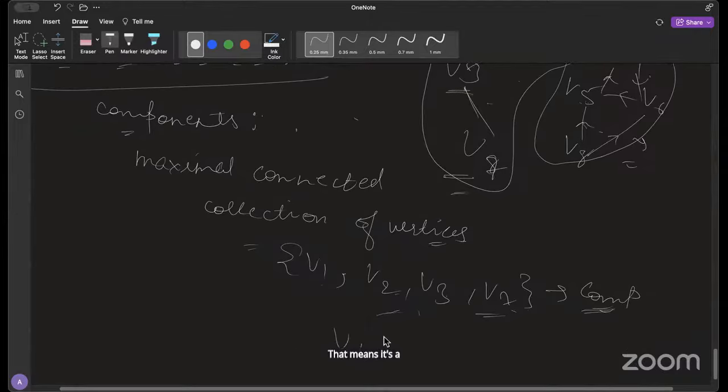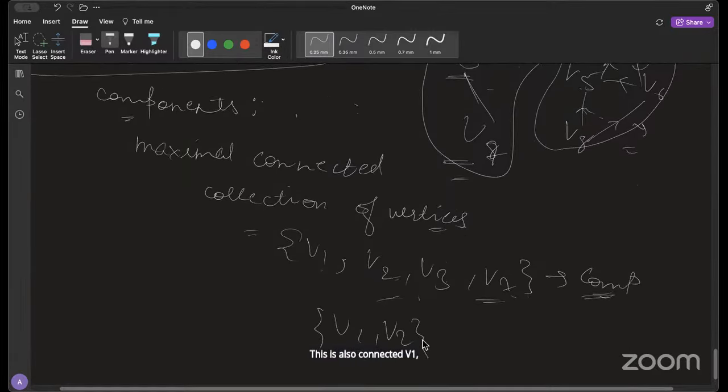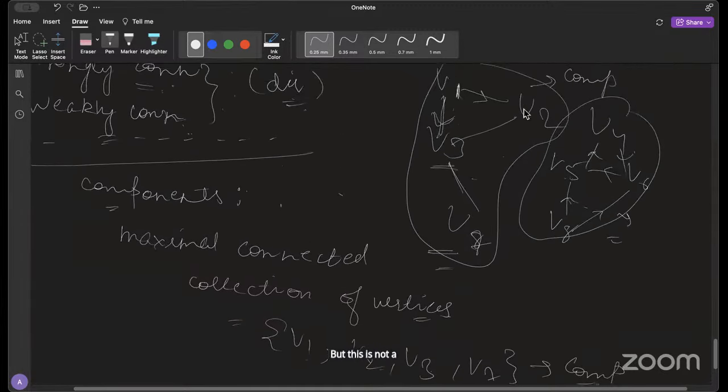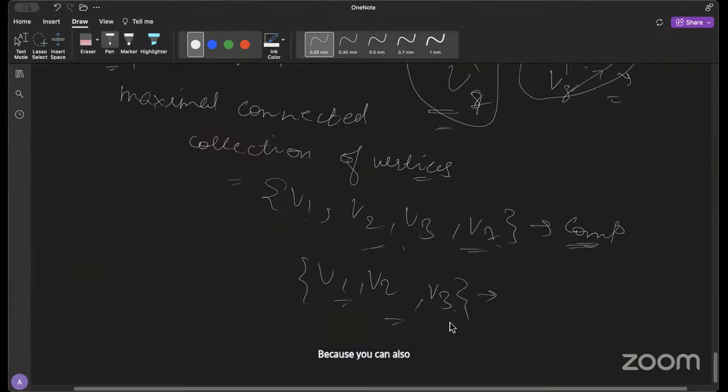Now, if I do V1, V2 only, this is also connected. And let's do V3 too. If I put V3, this thing is also connected, but this is not a component. Why? Because you can also add V7 here, right? That means it's not a maximal connected collection. It's like a superset and subset, right?